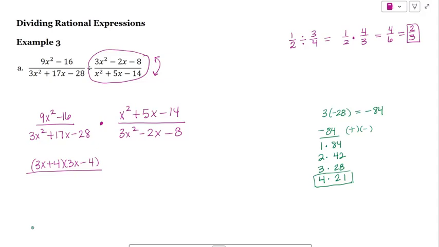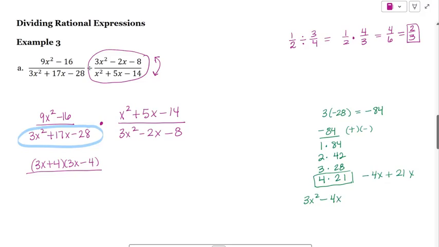So this is a lot of side work over here. I think this is going to be minus 4x and plus 21x. So we'll have 3x squared. I need to split up the middle term. I'm working on this guy right here.